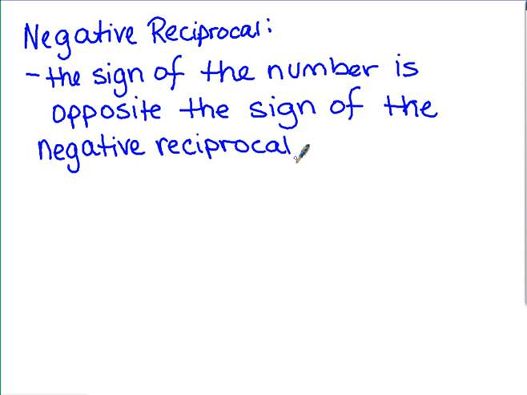For example, if I had 2/3, the negative reciprocal of 2/3 would be negative 3/2. We not only took the reciprocal of the fraction, but we also switched the sign.